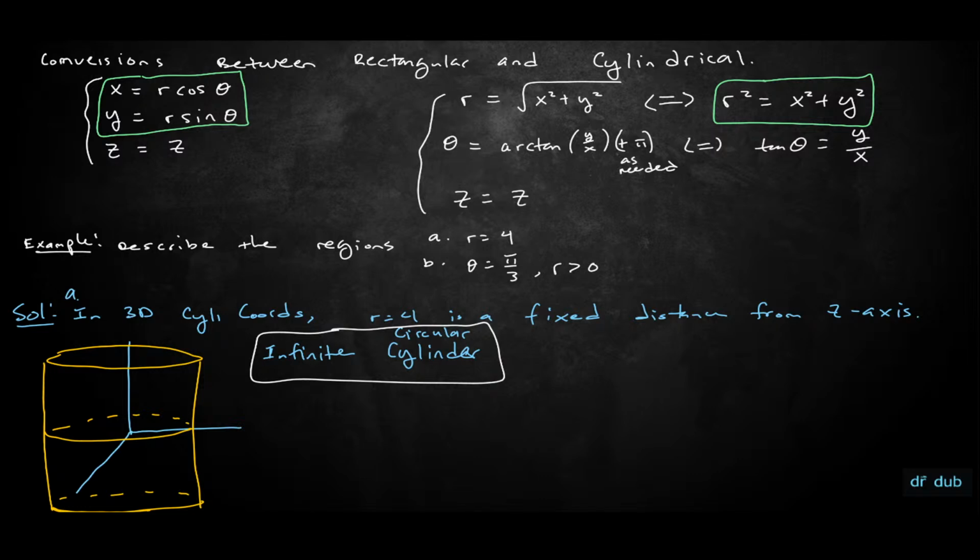All right, so part B is theta equals pi over 3.